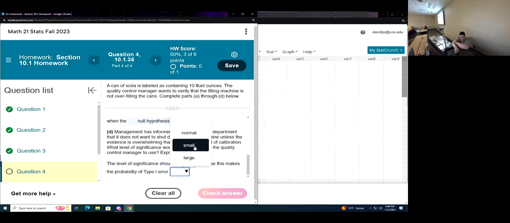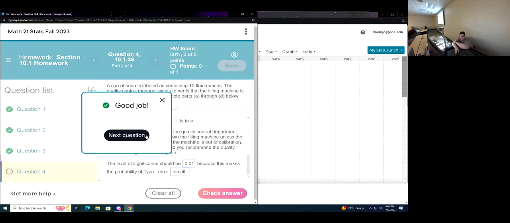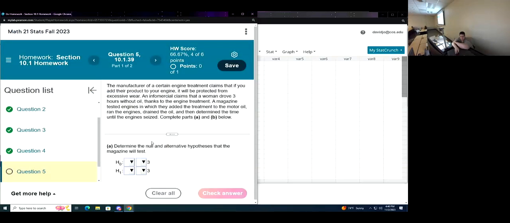It makes the probability of the error happening smaller because it's really small. And so it's got to really be out of whack to be caught by the 1%. Any questions so far?